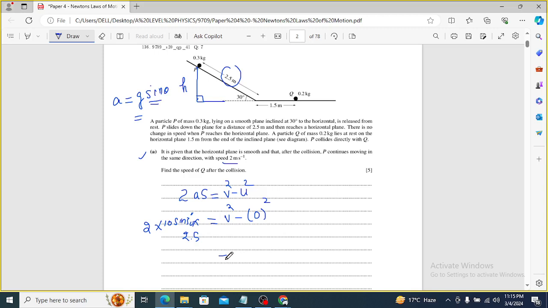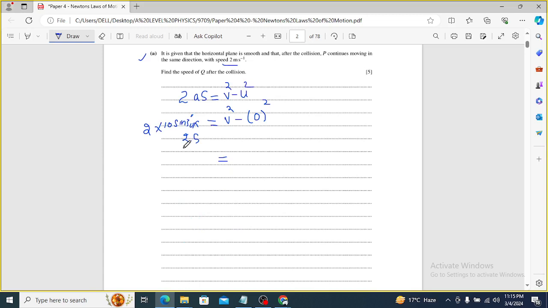What is the answer of the left side? Sine 30 is 1 over 2, times 5 times 10, it should be 25.